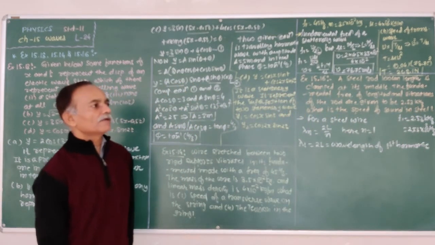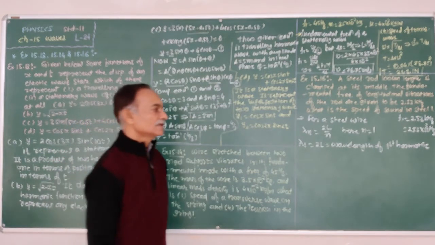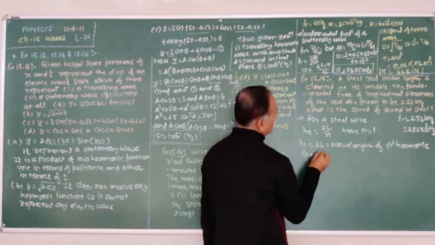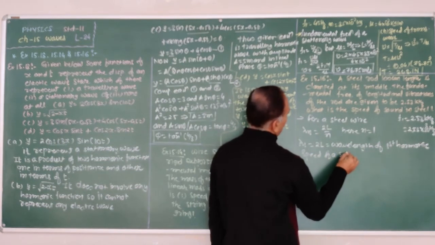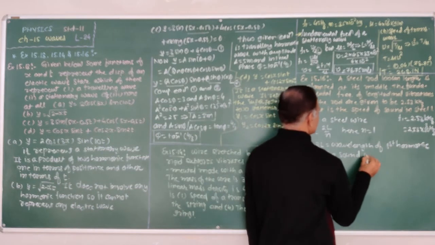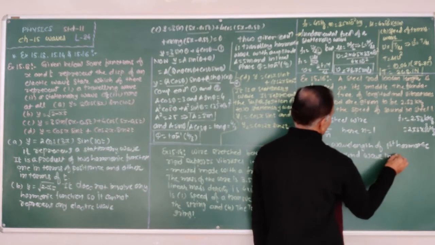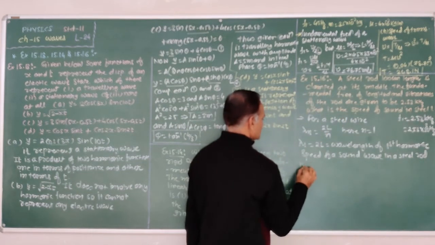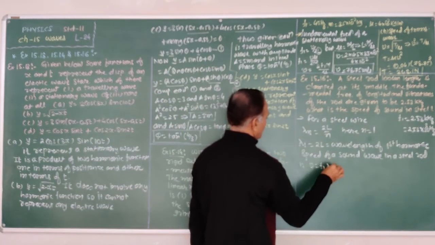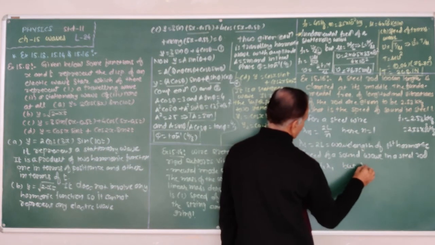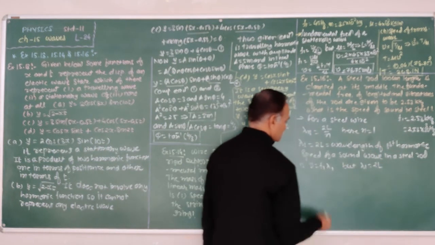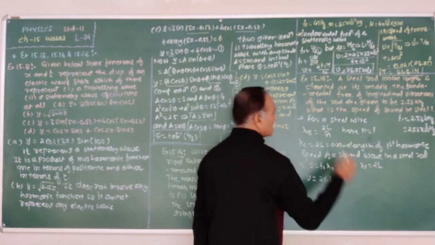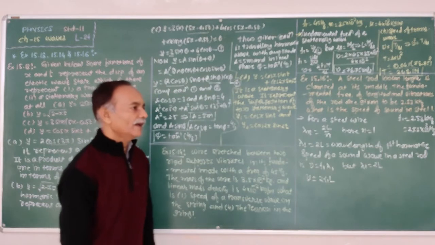Now the speed of a sound wave in a steel rod is V is equal to F1 lambda 1. But from this equation, lambda 1 is equal to 2L. Therefore, speed of a sound wave is 2F1L.